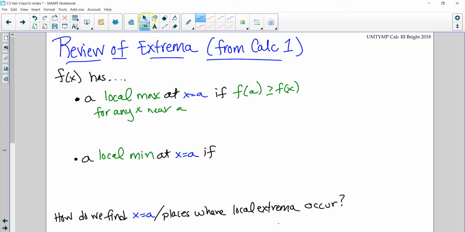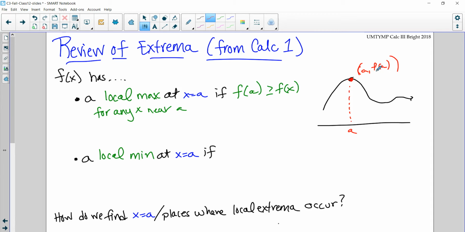Okay, so the idea here is that if we have some scale, and we have a function, something like that, and we're thinking that this is a maximum. Let me do that in red. Then this would be our a, and then this as a point would be a comma f of a, and we're thinking that in a small region near that point, it is the highest y value.